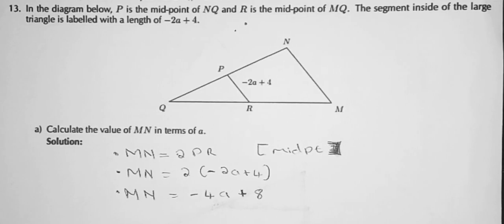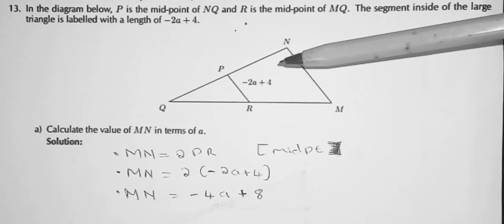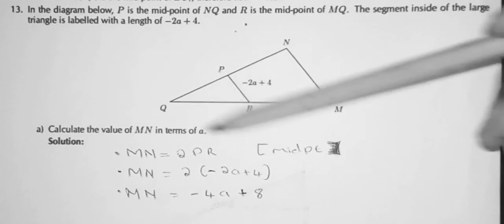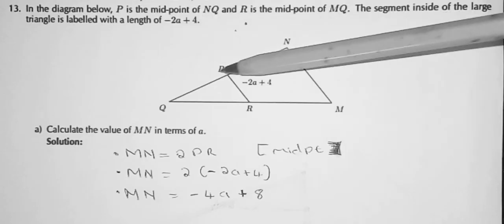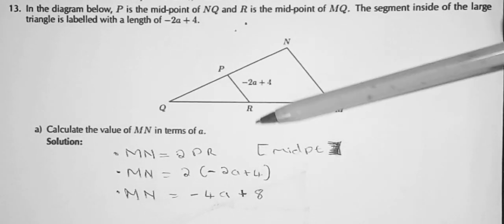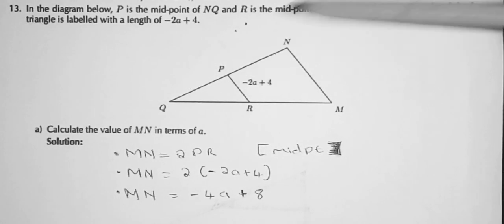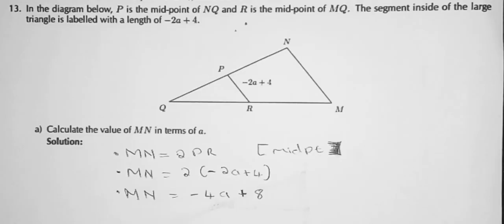So they said P is the midpoint of NQ and R is the midpoint of MQ, which means that RQ is equal to RM and PQ is equal to PN. Calculate the value of MN in terms of A. When they say it in terms of A, you're going to calculate it in terms of A.